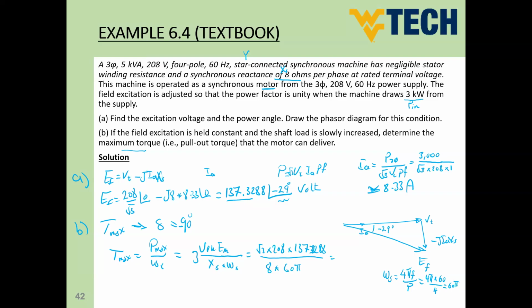I'm going to calculate that quickly here. So root 3 times 208 times 137.328 divide 8 times 60 times pi. So the torque equals 32.8 Newton meter. So this is the maximum torque that the motor can deliver in this operating condition.